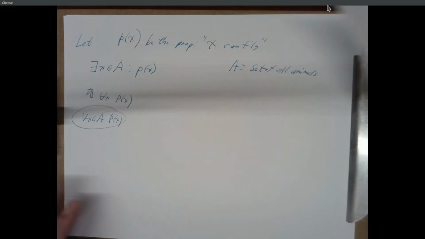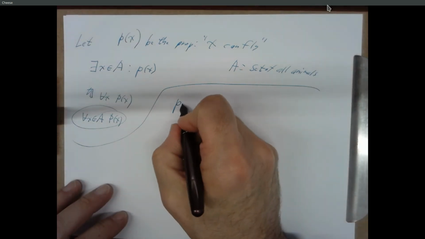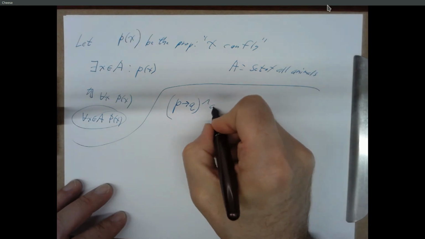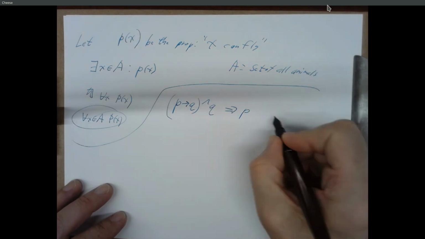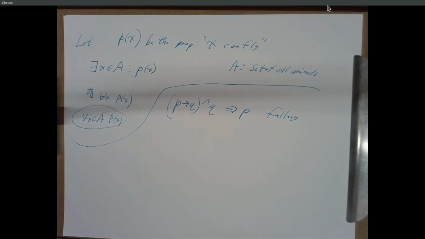And there are versions of those that are not true. If P implies Q and Q, then P, that's a fallacy, because Q might be true just because Q is true.